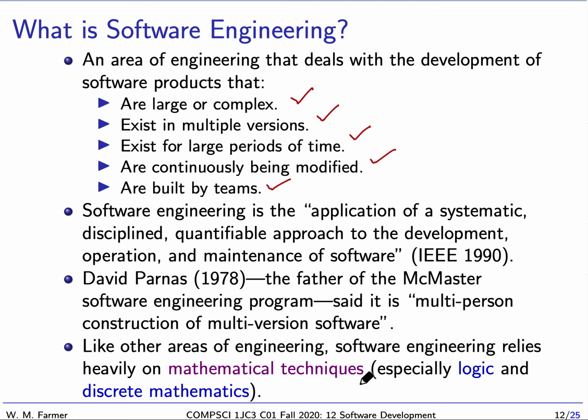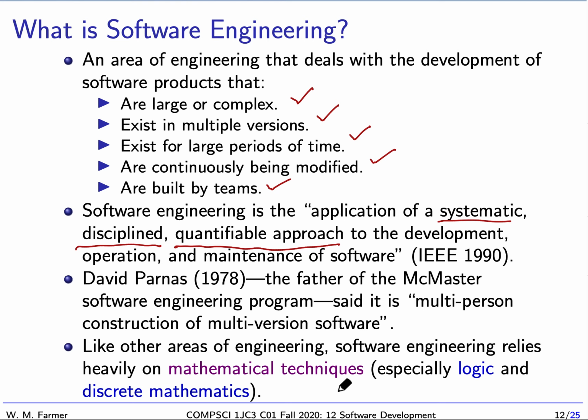Now, like other areas of engineering, software engineering relies heavily on mathematical techniques. We want a quantifiable approach, and we want it to be disciplined and systematic. All of these suggest we want to use mathematics. What makes software engineering different from other areas of engineering is that the mathematics is different.